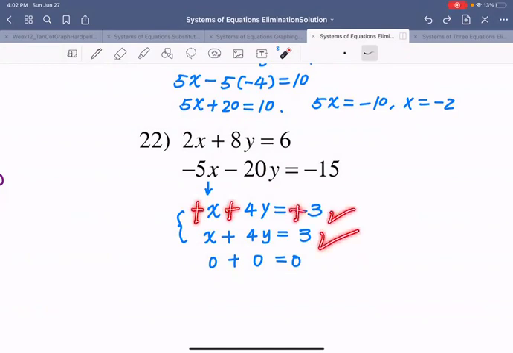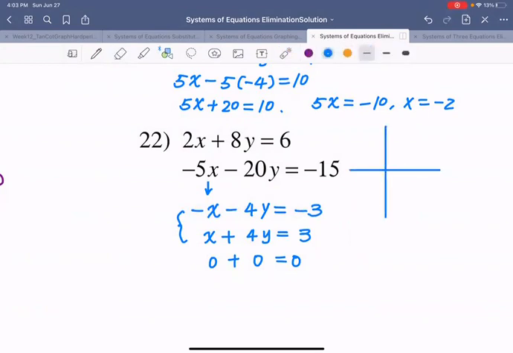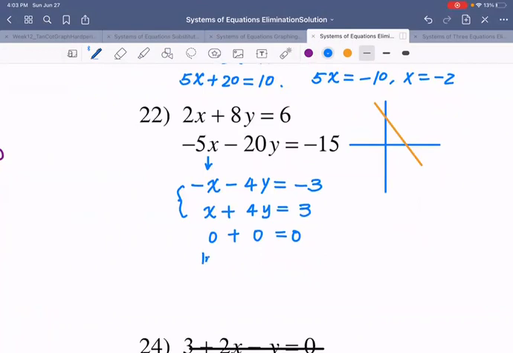They are identical equations. That means you have two lines in the xy coordinates which duplicate. You have a line like that, you have another line like that. It's duplicate lines. Any point on the line is a solution because they are duplicate lines, okay? So the result is infinitely many solutions.